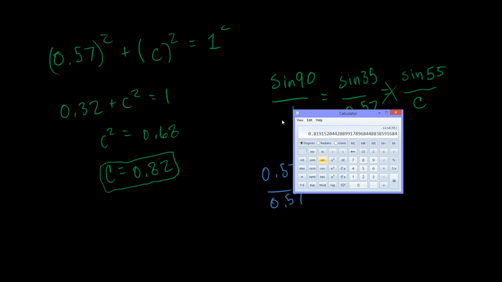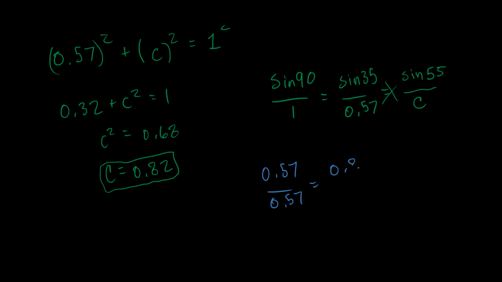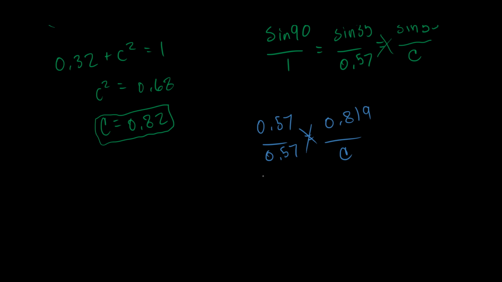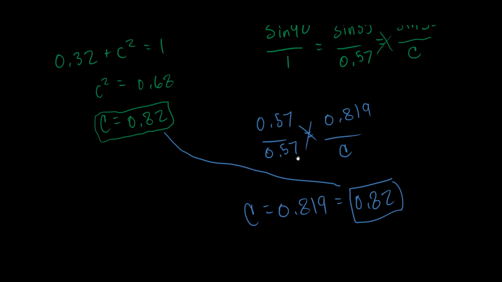Sine of 55 is 0.819, so 0.819 over c. Once again, we cross multiply, and we get c is equal to approximately 0.819, which is close to 0.82. So you see that this answer and this answer, they are the same.